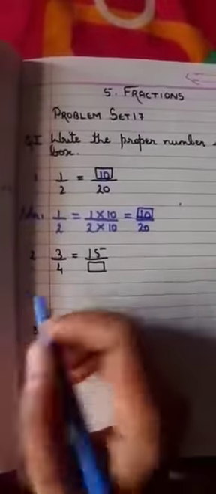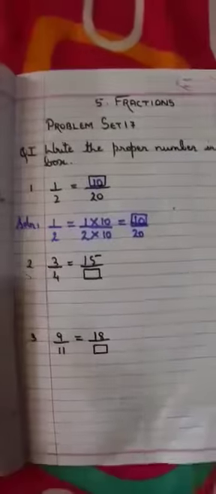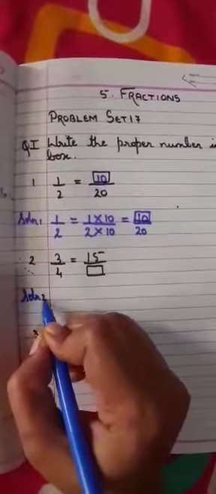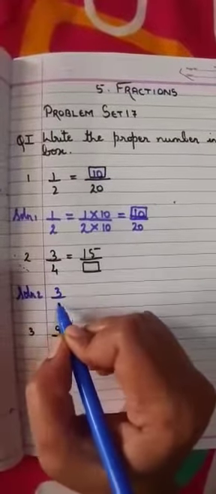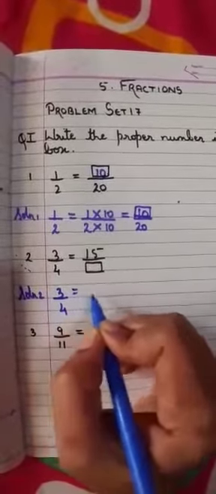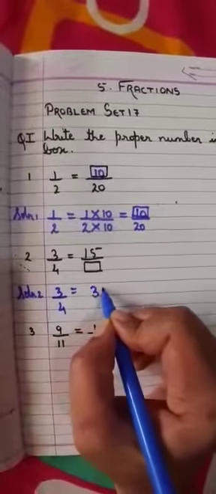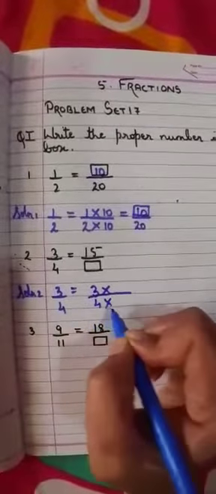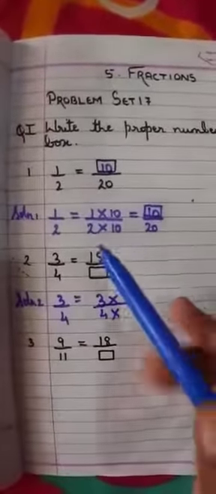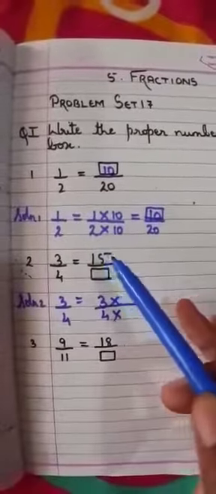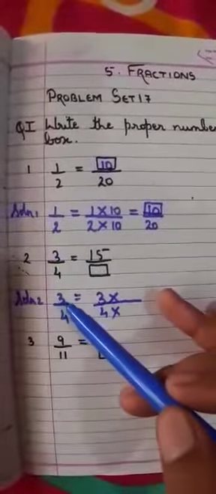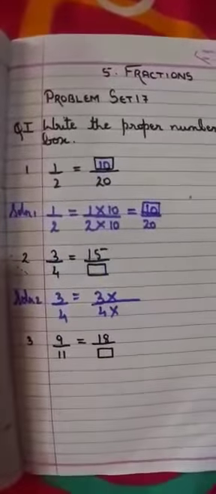Same way we will do the second sum. We will write here solution 2. 3 upon 4. So what we will do here? 3 multiply by the number, 4 multiply by the number. Which number? So here 15 is there. So we have to take such a number, when we multiply it by 3, we get the answer 15.